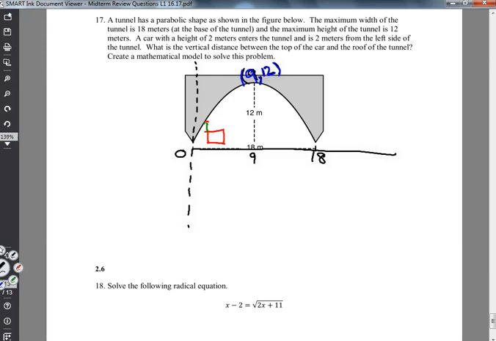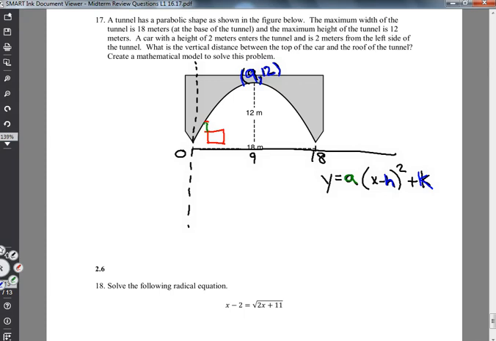So if I have the vertex, I can write the vertex form over here. And remember, H and K are the points for the vertex. And A is going to be your vertical stretch of the problem.